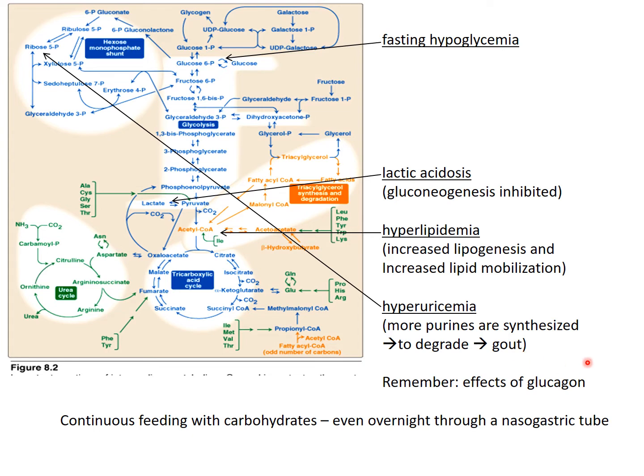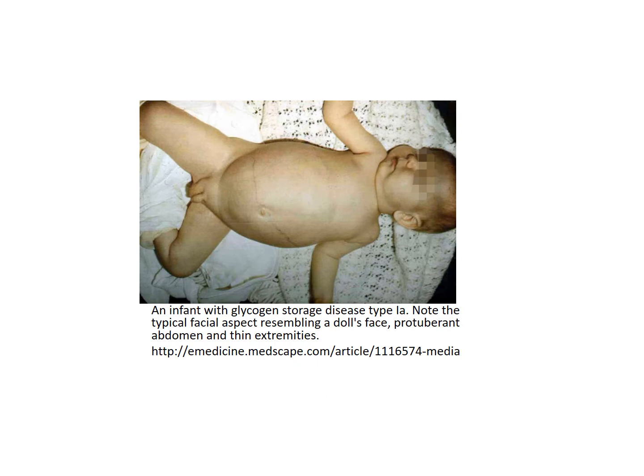So we are under glucagon signal. Glycogen degradation is a must. Gluconeogenesis would be upregulated, but because of this enzyme deficiency or translocase deficiency, neither of them can go and produce glucose. This is a typical picture of a baby, big stomach, chubby face, and very thin extremities.